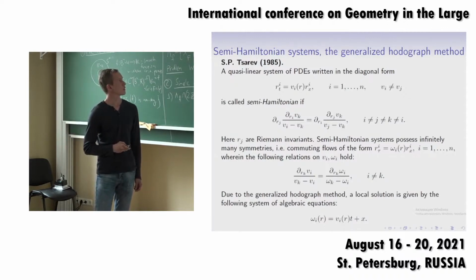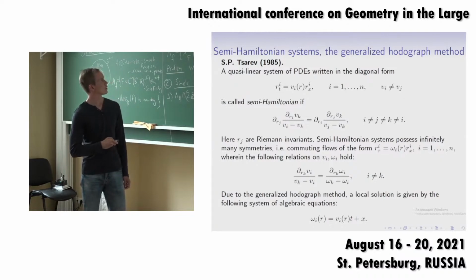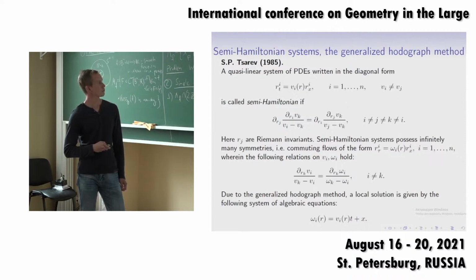It deals with so-called semi-Hamiltonian systems. If it is already written in diagonal form, in Riemann invariants, then first of all we have to construct a symmetry of the system, and then given this symmetry, we may construct a solution to the initial system of PDEs just by solving the following system of algebraic equations.